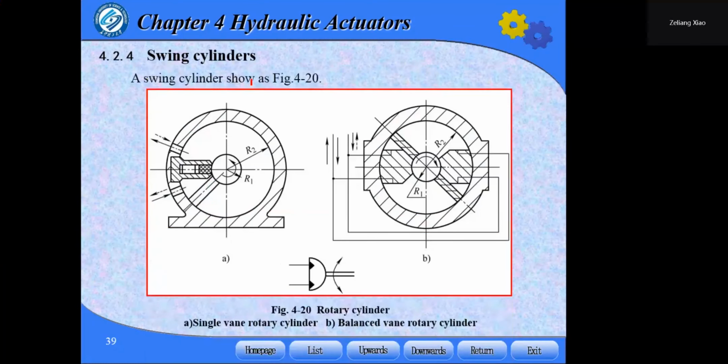This is a ring cylinder, a single vane swing cylinder, and this will be the balance weight.